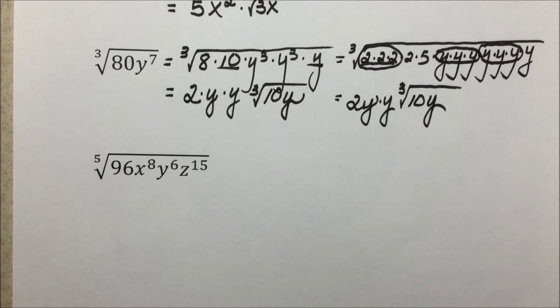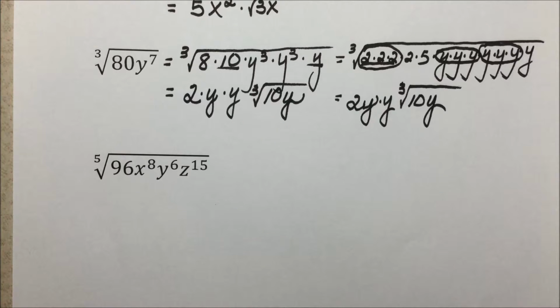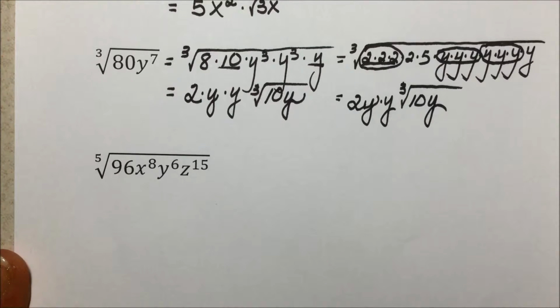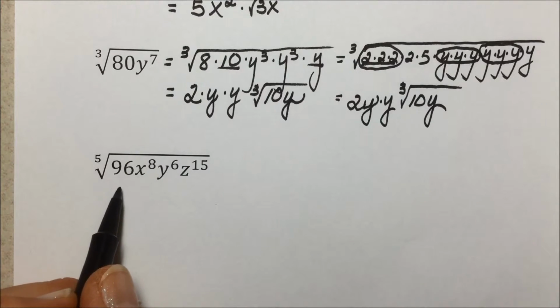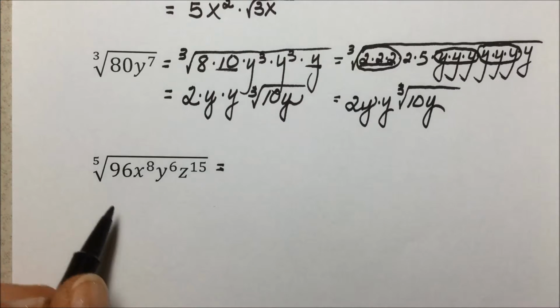In this next problem, we are looking for the largest perfect fifth root that goes into 96. If you do some calculating, it turns out that there are a bunch of 2's in 96. To help with that, you can do your prime factorization.